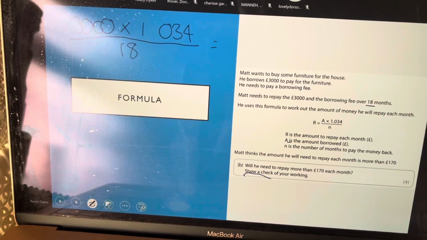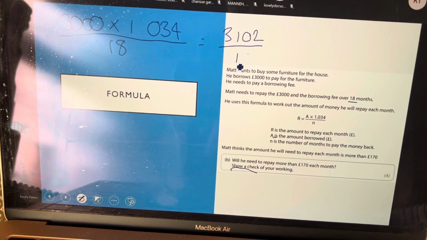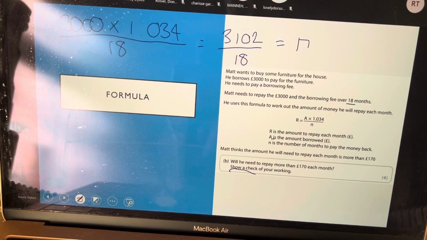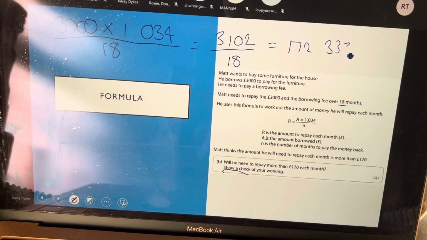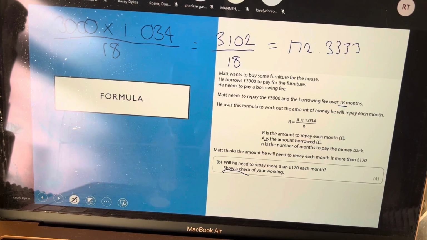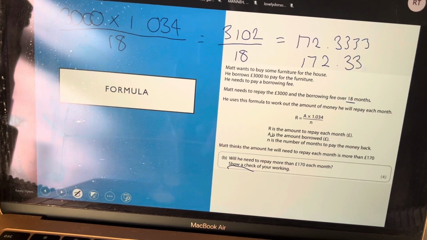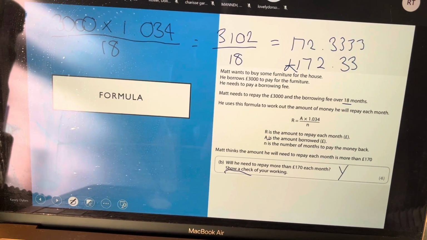So we should get 3,102 divided by 18, which is 172.3, and I think it's 3333 forever. But it's money, so we only want 2 decimal places. We're going to leave it £172.33. So yes, it is more than 170.